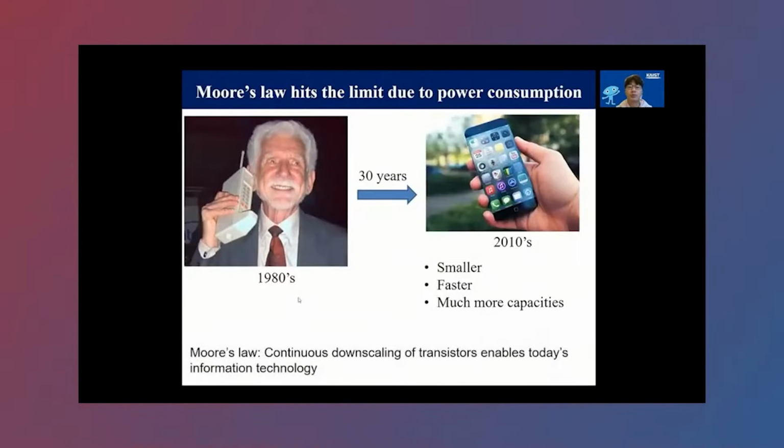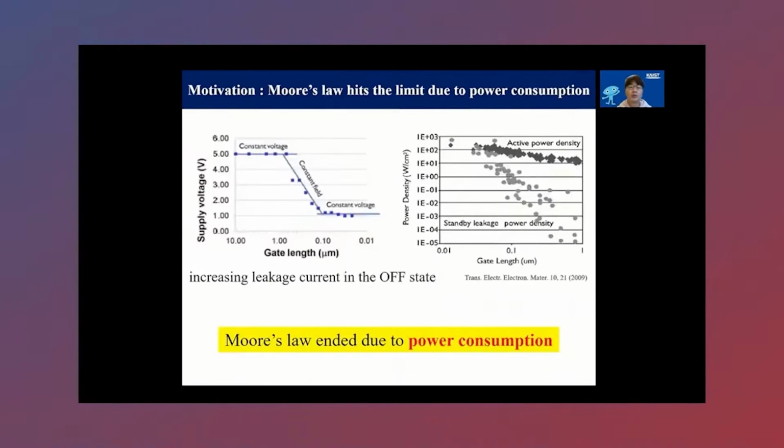According to Moore's law, continuous downscaling of transistors enables today's information technology. However, as the gate length decreases down to quantum limit, Moore's law ended due to the high power consumption in the standby leakage power state.